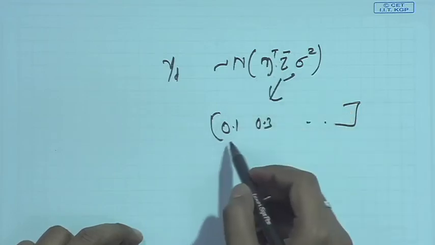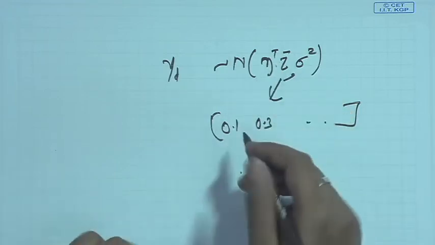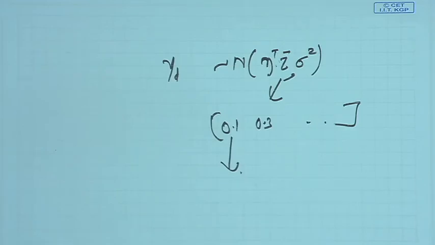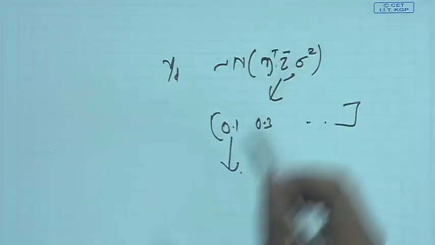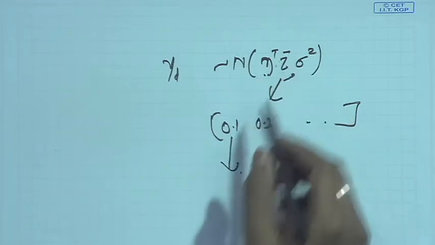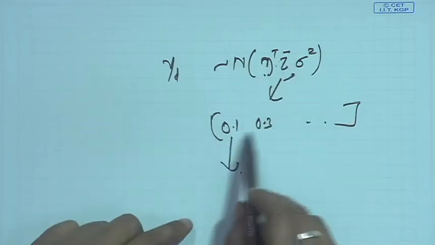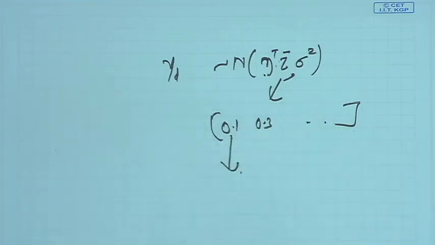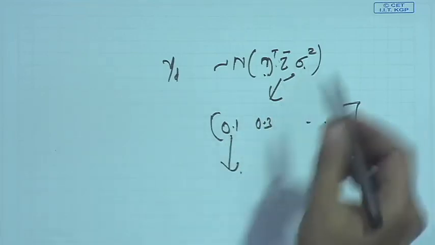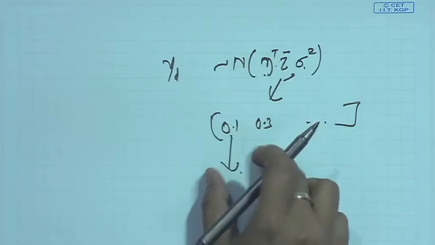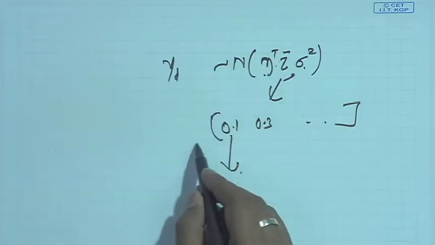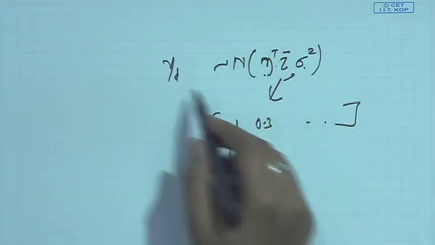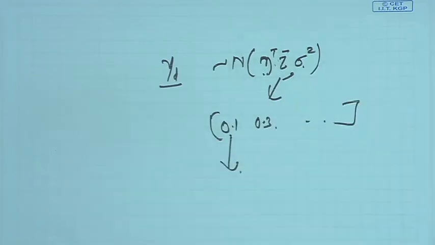A higher weight means this topic is correlated with a higher response, and it can be negative also: if there is a negative response, eta can be negative. So these are the weights given to different topics, whether this topic will go to a higher response or a lower response. And sigma square gives the variation: eta transpose Z bar gives you the mean, and then you sample the actual response with this mean and certain variation.